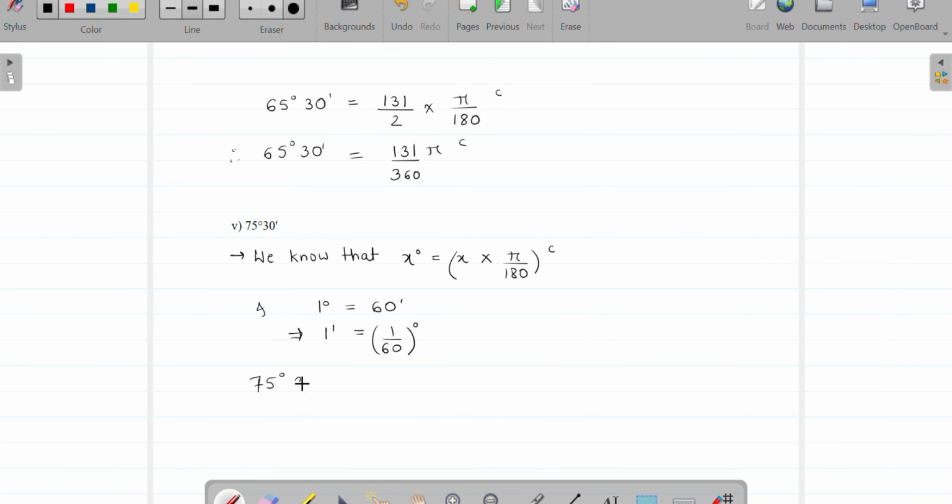So 75 degree 30 minutes, which is equals to 75 degree plus 30 minutes is equals to 75 degree plus 30 upon 60 degree, which is equals to 75 degree plus 1 upon 2 degree.